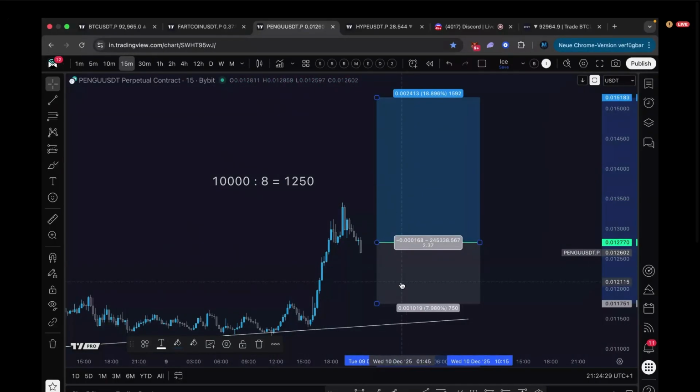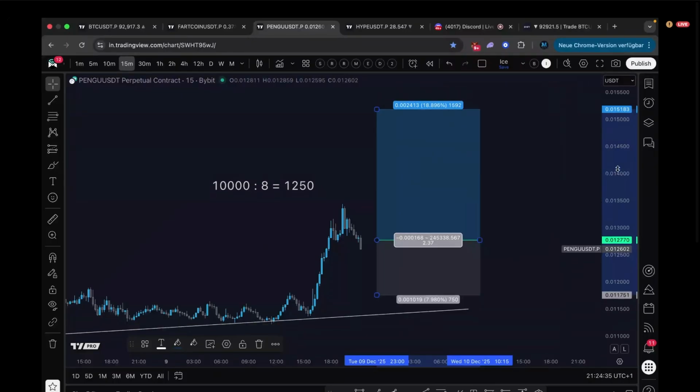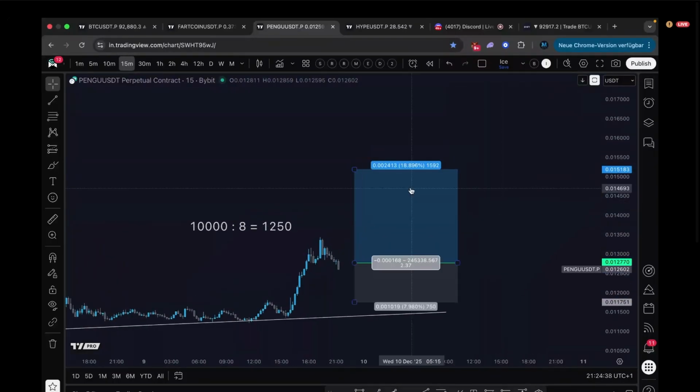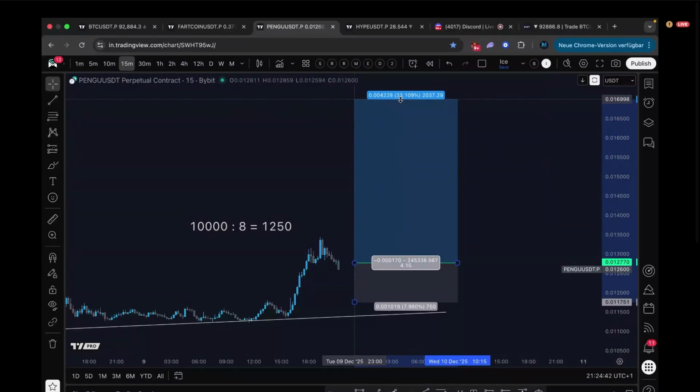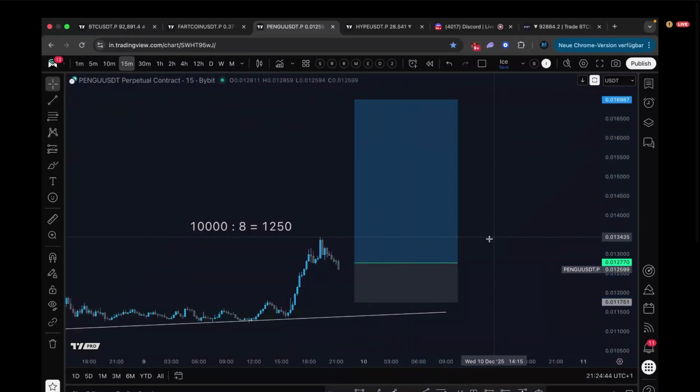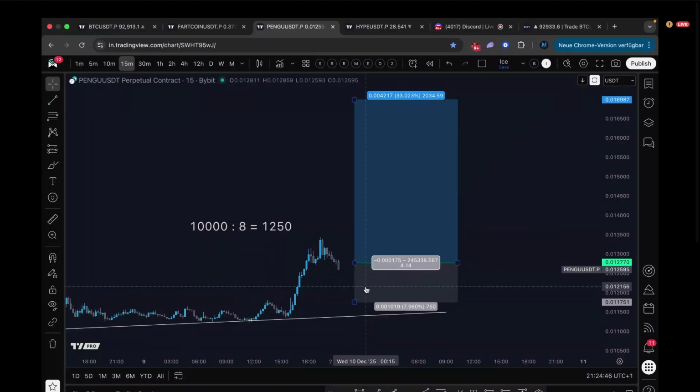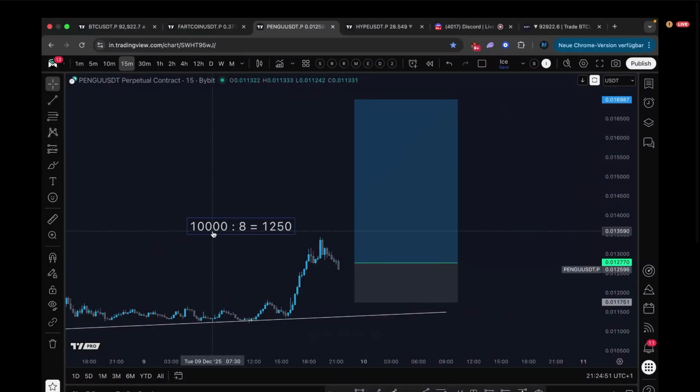So we use 1,250 to lose $100 in this trade. Okay? And you always have to know how much you risk, guys, which is 1%, as I said. So you have to know that when the trade gets stopped, you will lose $100 if you have 10K. Obviously, if you have 20K, then 1% is $200. That's what you risk in a trade.